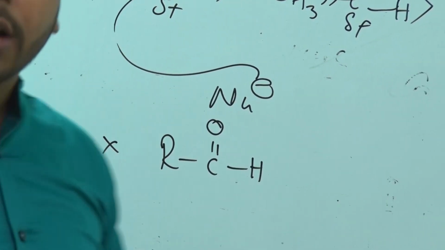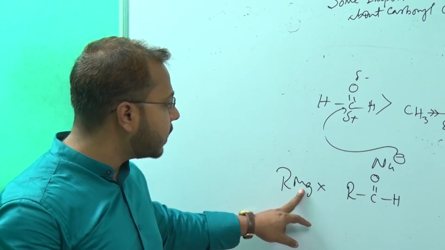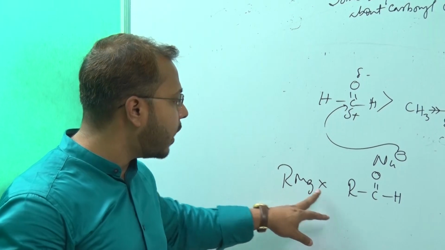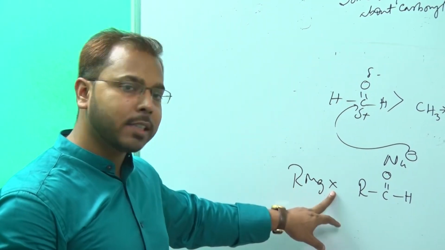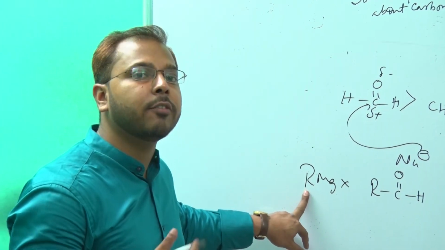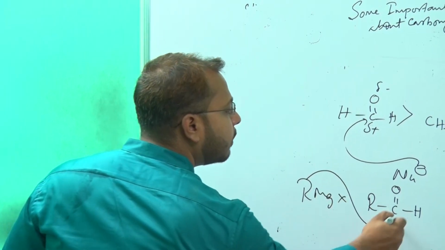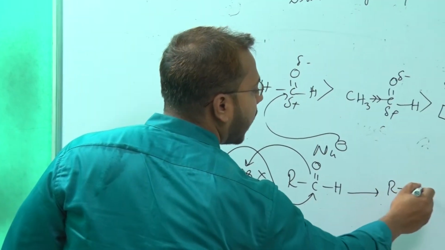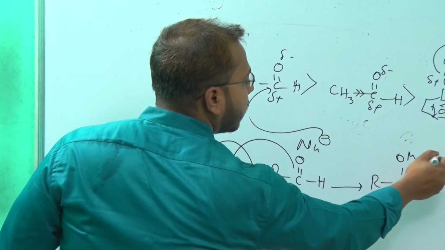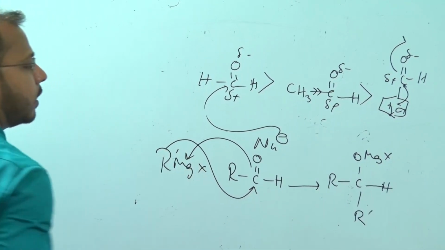RMgX is a compound where the R group has a minus charge, because magnesium has a dipositive charge, so one minus is counterbalanced by X, which is a halogen here, and another minus therefore comes from R. So this minus will move to the plus part, and the product we will get is this part.